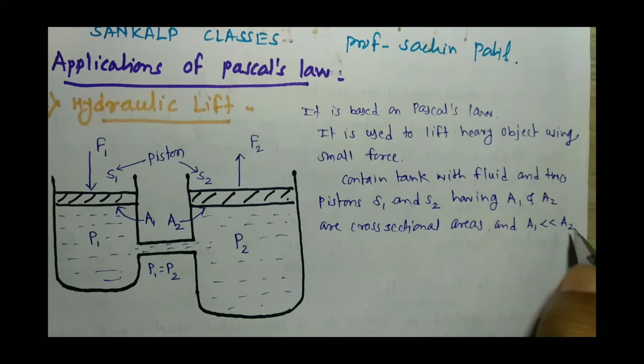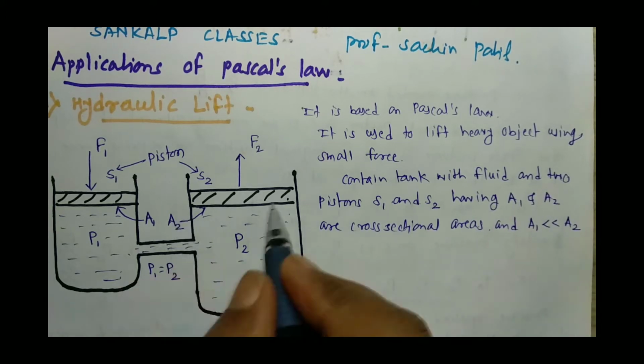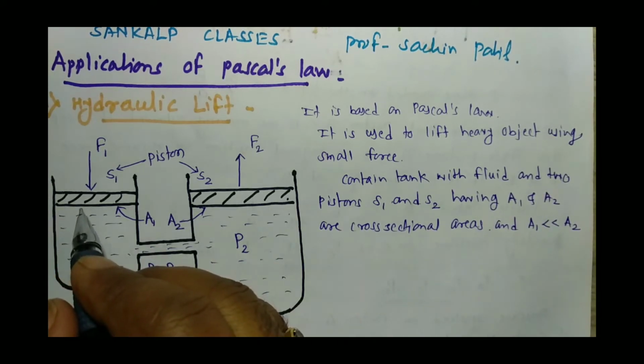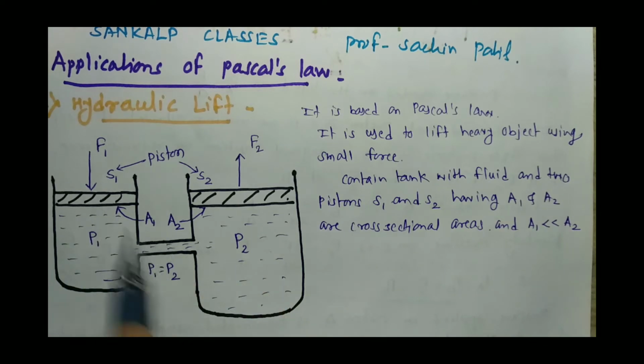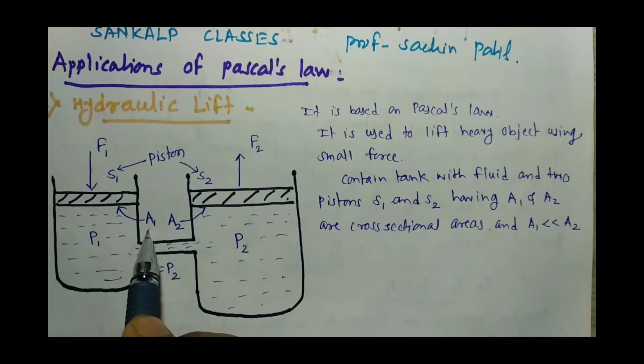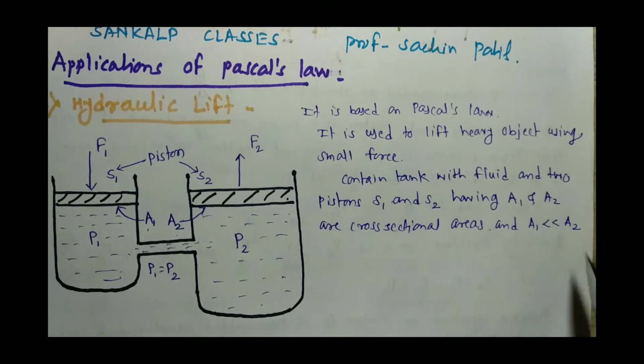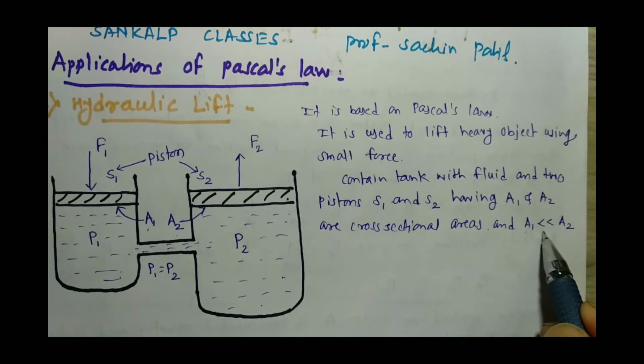That means the area of cross-section of S2 is very large compared to that of S1, and therefore A1 is very small compared to A2.